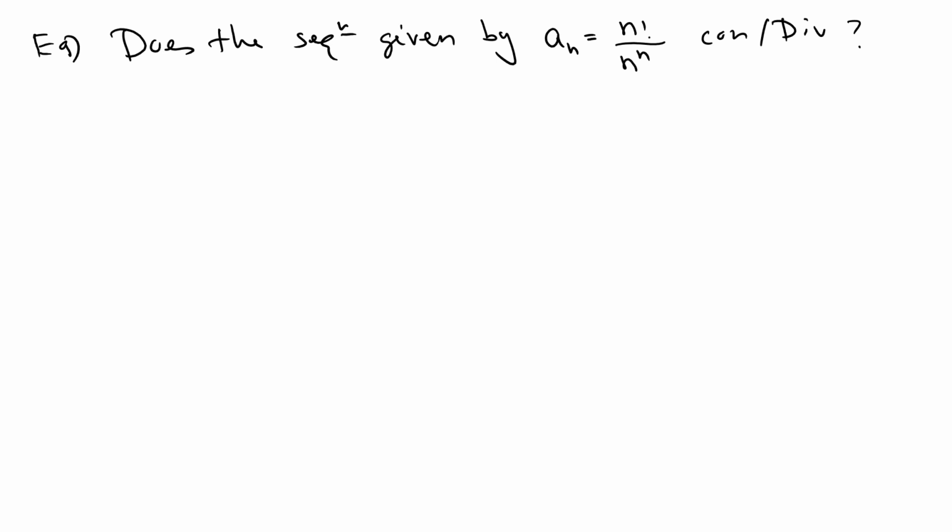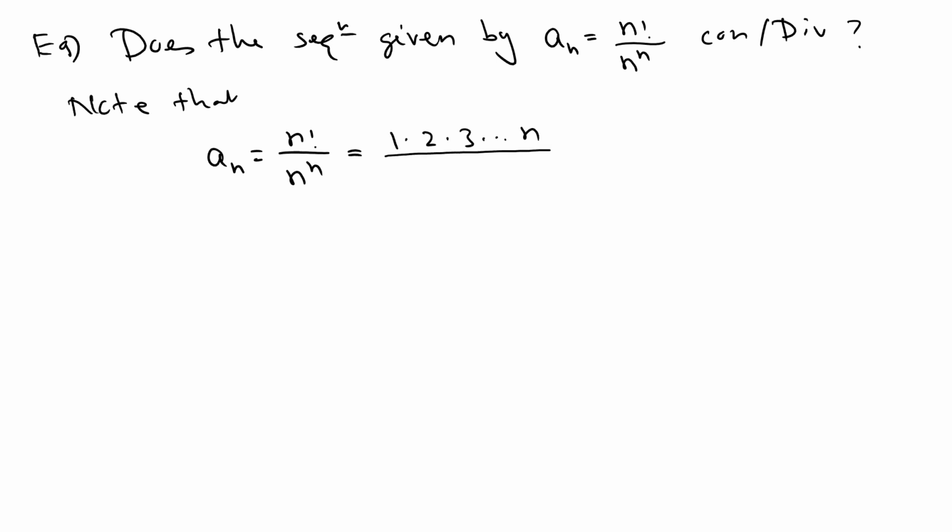So this is the kind of argument we're going to do here. Note that you can write a_n, which is n factorial over n to the n. Factorial means 1 times 2 times 3 and so on up to n. In the bottom you have n many times.